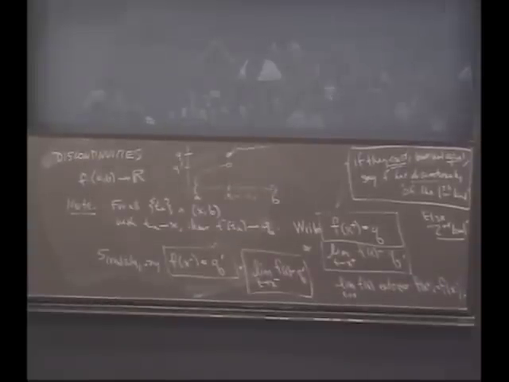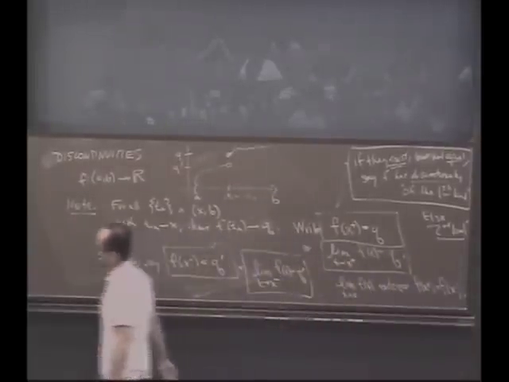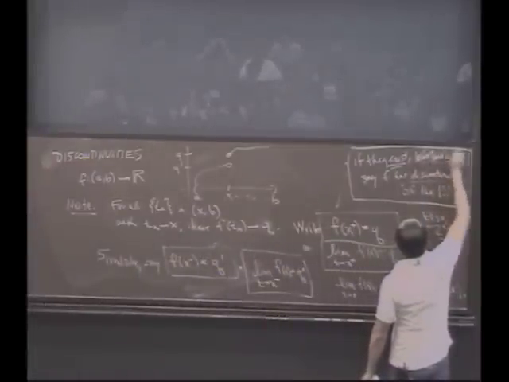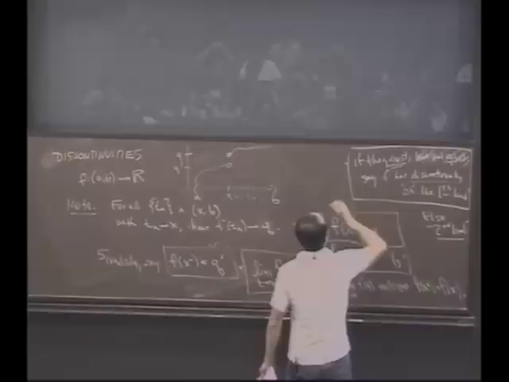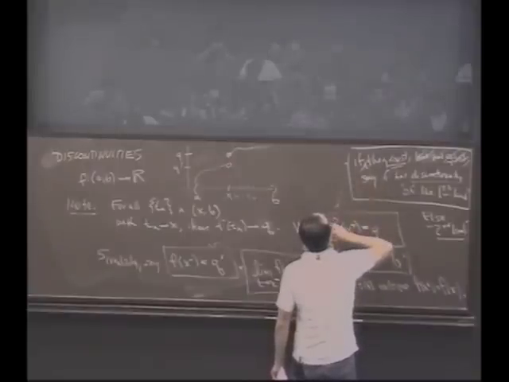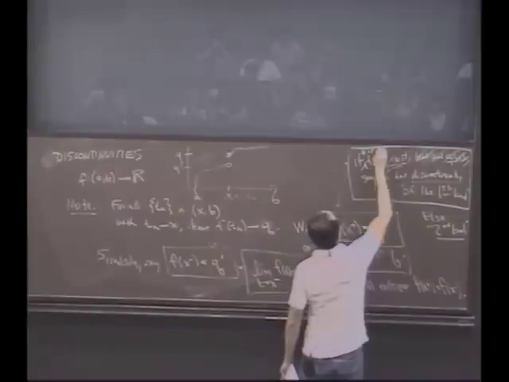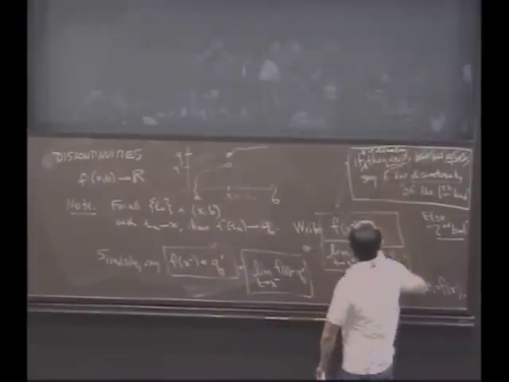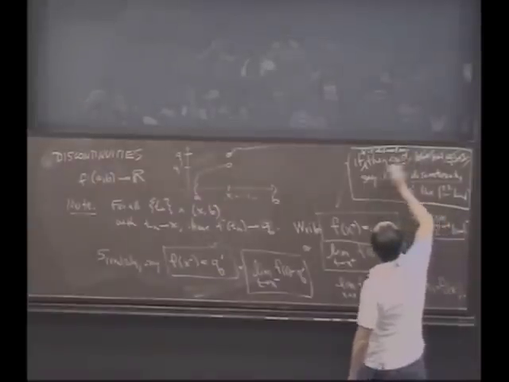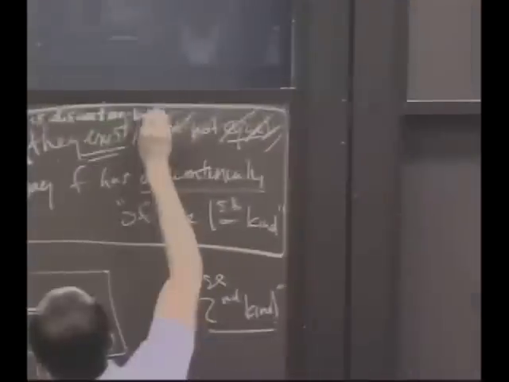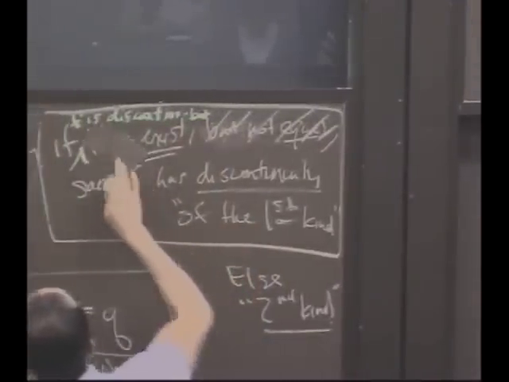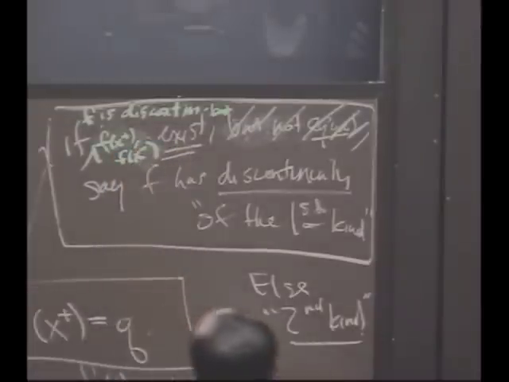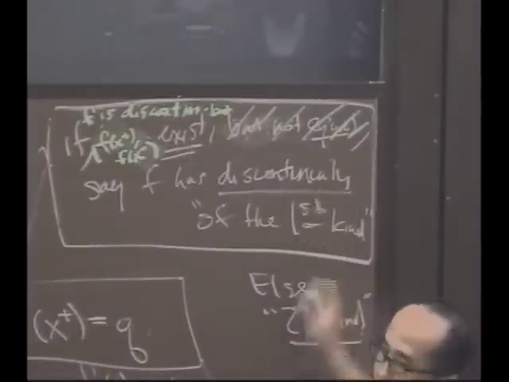Thank you. This is actually what I get for departing from my notes. So they could be equal, but the function value could be different. So let me correct this the way I have it in my notes. So if f is discontinuous there, but f of x plus and f of x minus exist, then we'll say f has discontinuity of the first kind.